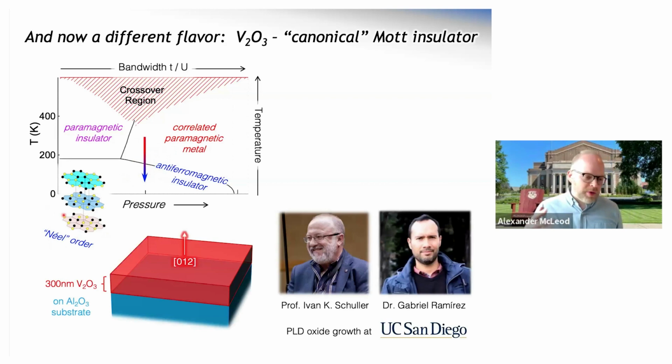So the example that I'm going to show you right here is a lovely one that comes from collaboration with a group of Ivan Schuler at UC San Diego, who grows excellent, high-quality films of these materials. And the Schuler Group's emphasis in studying these quantum materials is to use them as a form of switchable memory, or to functionalize these quantum materials for applications like neuromorphic computing and so forth.